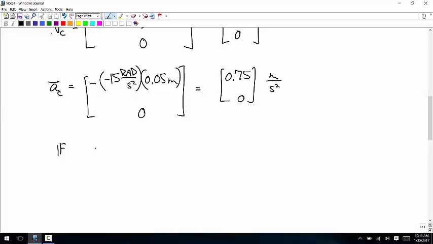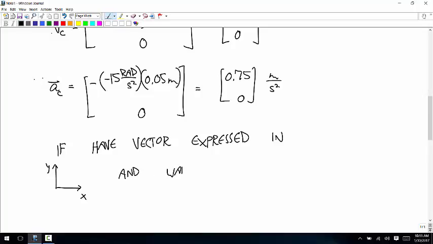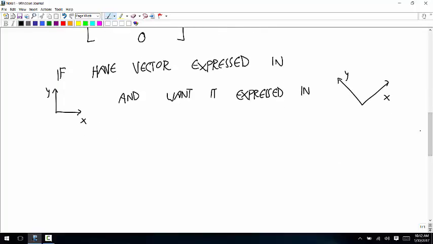So if you have a vector expressed in, say, a coordinate system like this, and want it expressed in this, find the counterclockwise angle theta that you have to rotate this coordinate system to align it with this one.